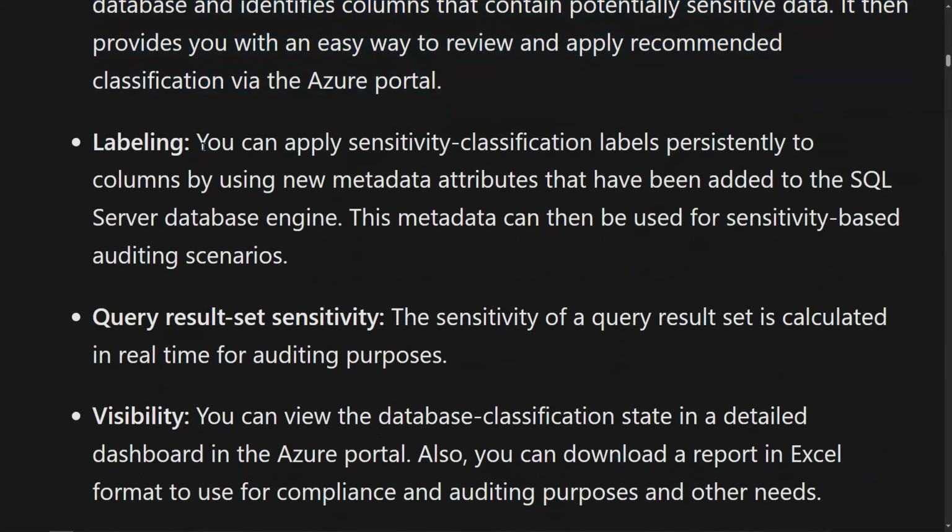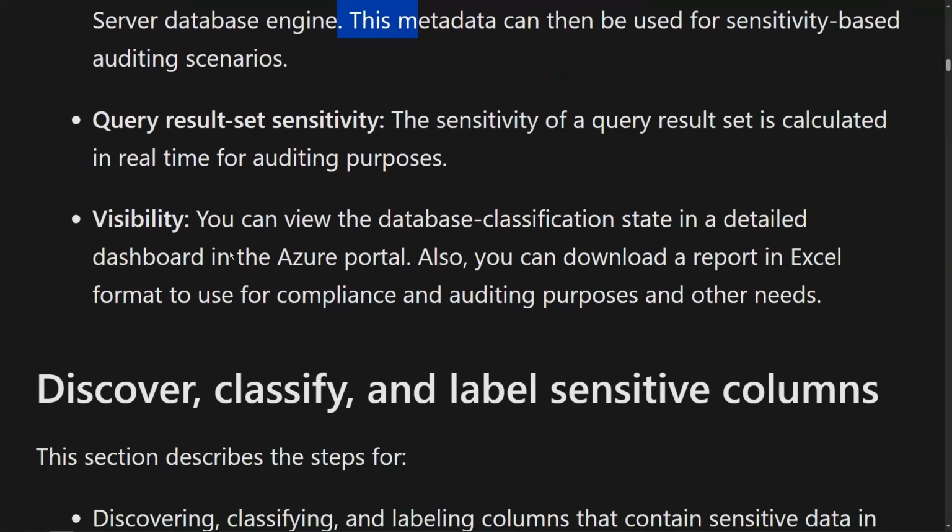Second offering is labeling. You can apply sensitivity classification labels persistently to columns by using new metadata attributes that have been added to the SQL Server database. Again, this is just the labeling service, but it doesn't protect from non-administrative users. Next is query result set sensitivity.